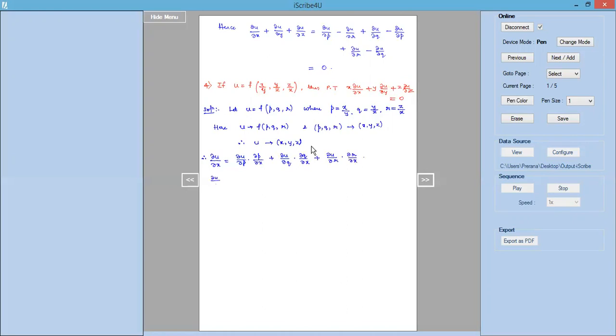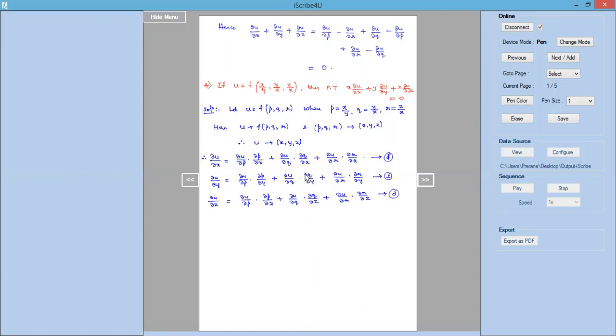Similarly, we can write the formula for ∂u/∂y: ∂u/∂p into ∂p/∂y plus ∂u/∂q into ∂q/∂y plus ∂u/∂r into ∂r/∂y. Finally, the formula for ∂u/∂z: ∂u/∂p into ∂p/∂z plus ∂u/∂q into ∂q/∂z plus ∂u/∂r into ∂r/∂z. I'll call them equations 1, 2, and 3 respectively.